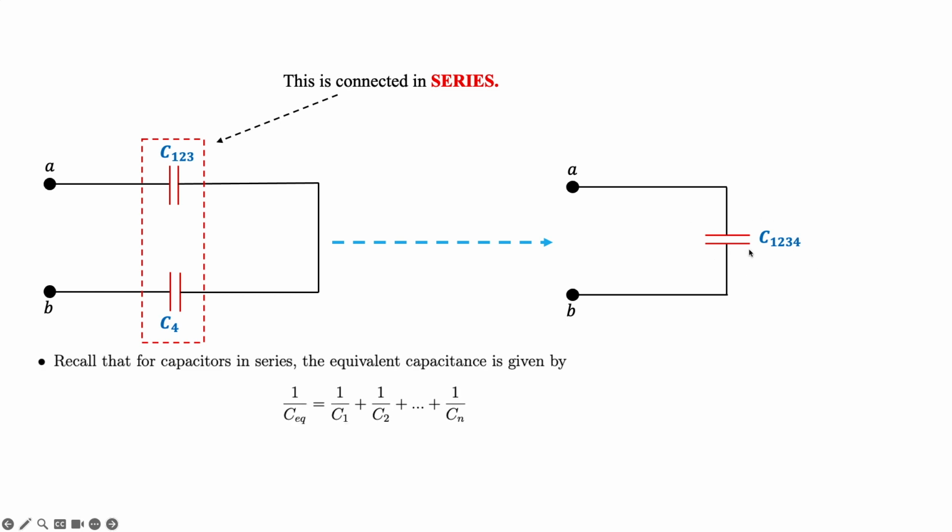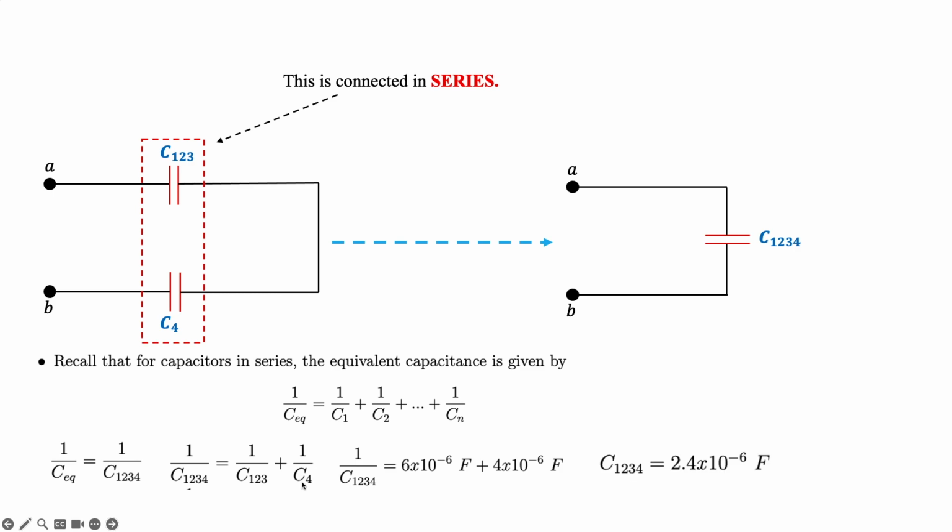Since C123 and capacitor 4 are connected in series, we get the equivalent capacitance C1234 from 1 over C123 plus 1 over capacitor 4. It's simple mathematics. You substitute the values and you end up with 2.4 times 10 to the negative 6 farad.